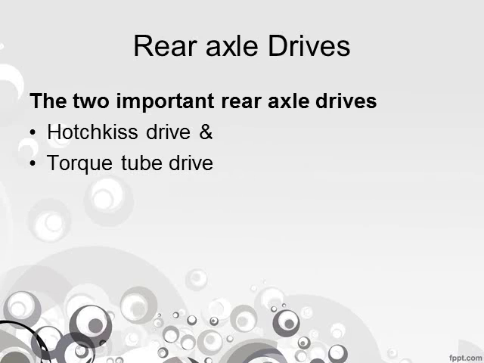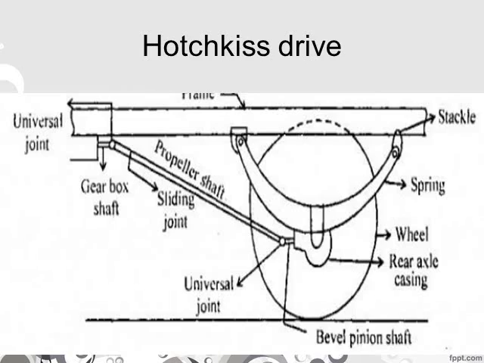With a rear axle drive, the two important types are the Hotchkiss drive and the torque tube drive. Hotchkiss drive: this is the schematic representation of the Hotchkiss drive. It is a simple and widely used system. In this arrangement, the spring, besides taking the weight of the body, also takes the torque reaction, driving thrust, and side forces.